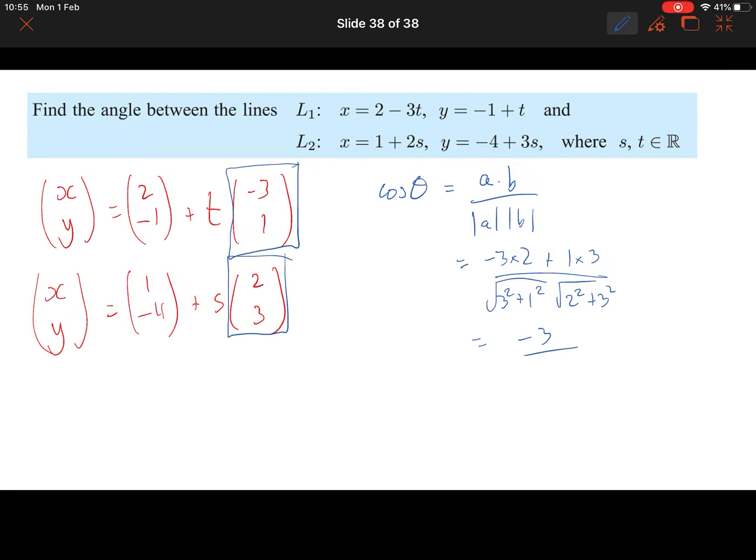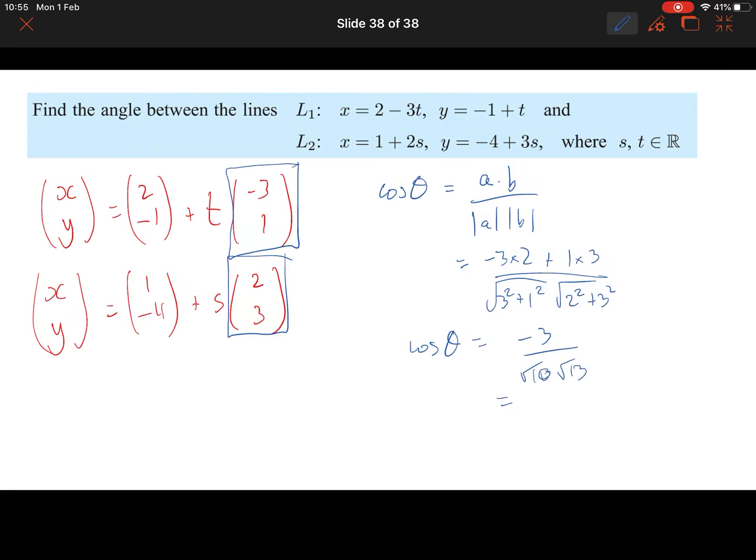So that's -6 plus 3 is -3 over root 10 times root 13.